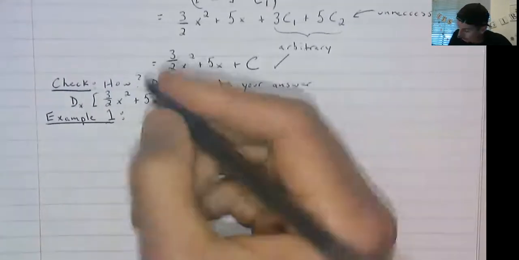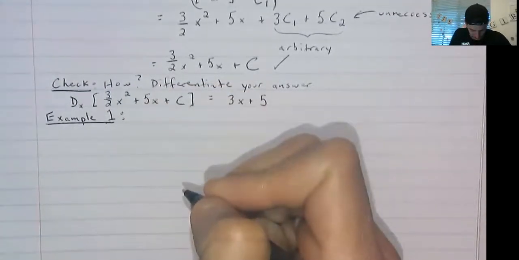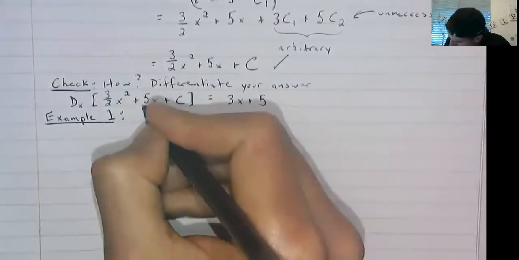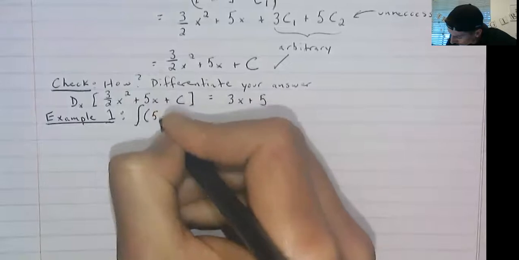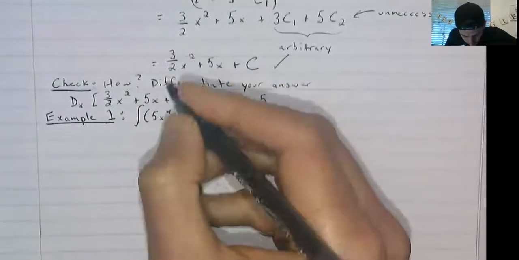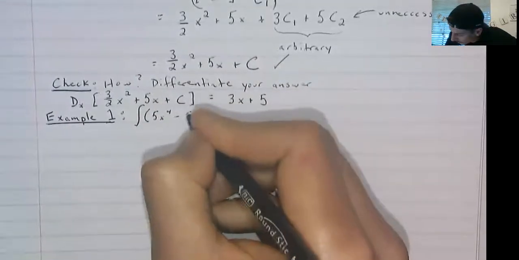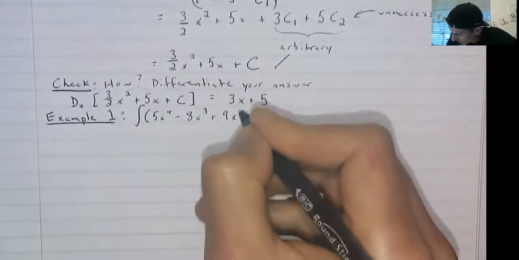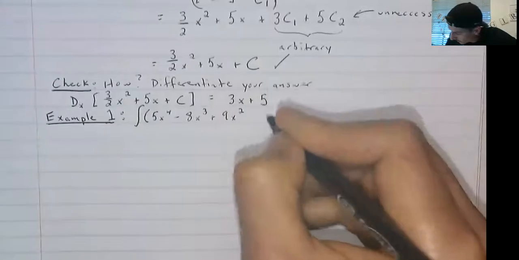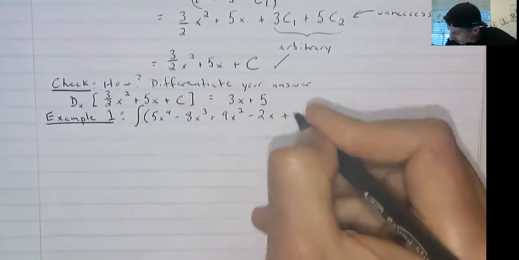Okay, so probably should have skipped a line there. Oh well. The antiderivative of 5x to the 4th minus 8x cubed plus 9x squared minus 2x plus 7.